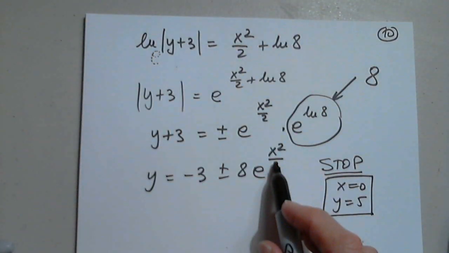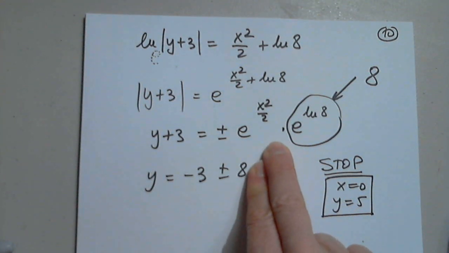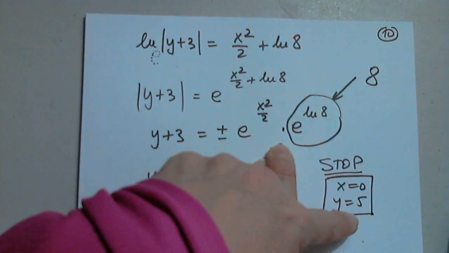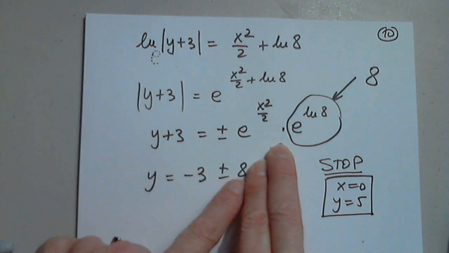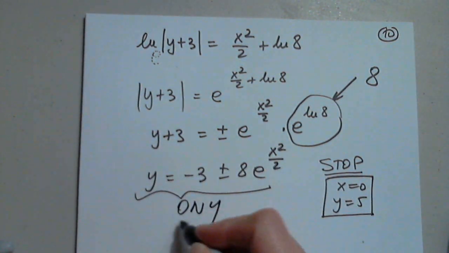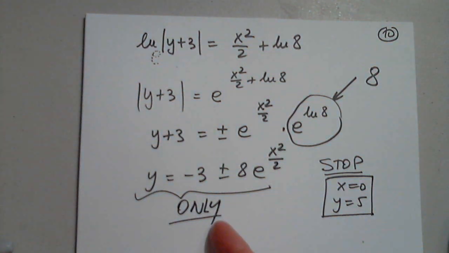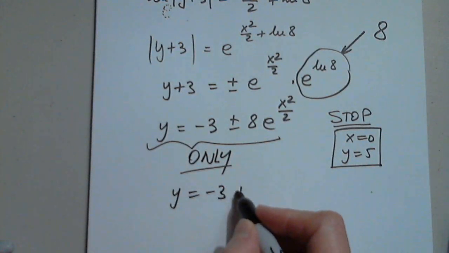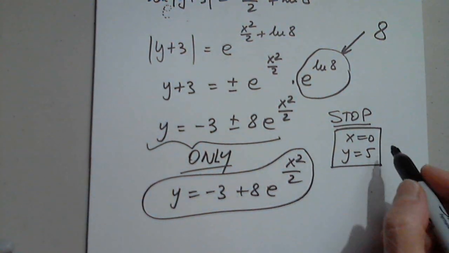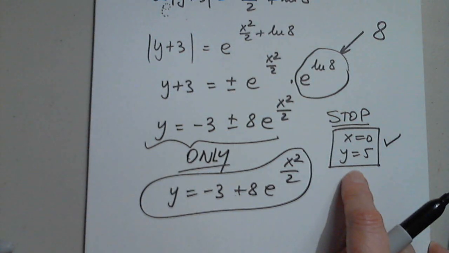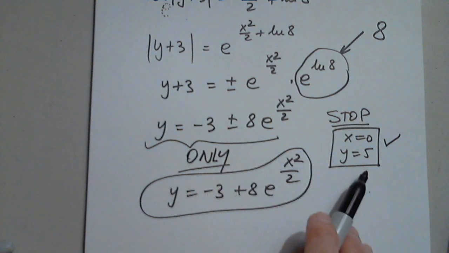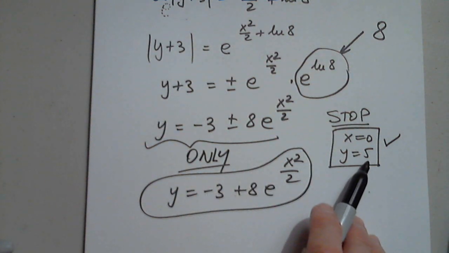When x is 0, this is 1. But the answer has to be 5. Negative 3 minus 8 is not 5. But negative 3 plus 8 is 5. So only y equals negative 3 plus 8e to x squared over 2. This is the only one that is acceptable because we were given the initial condition. The other one gives negative 3 minus 8, which gives negative 11, which is not 5.